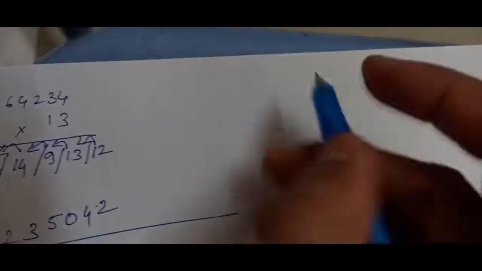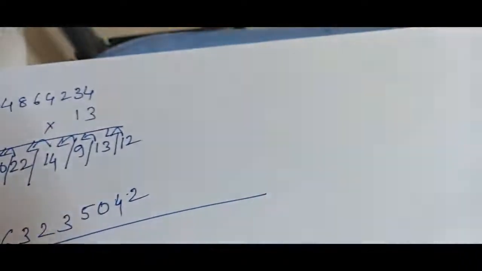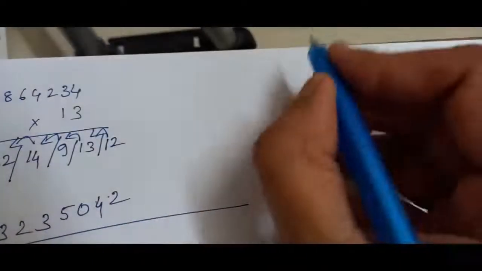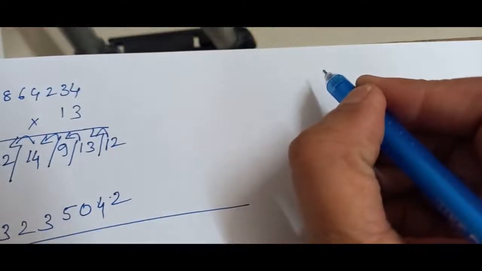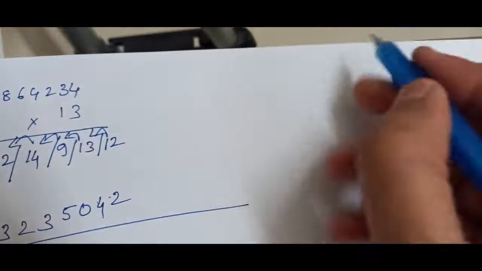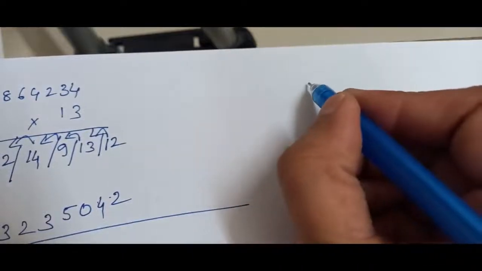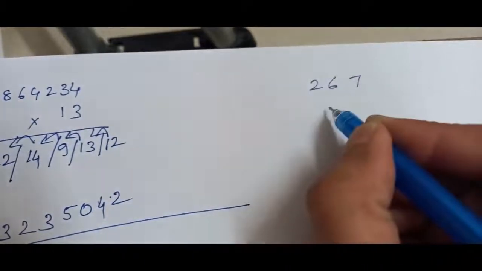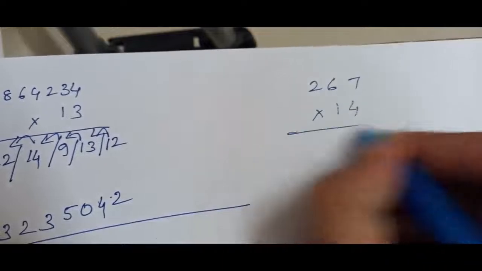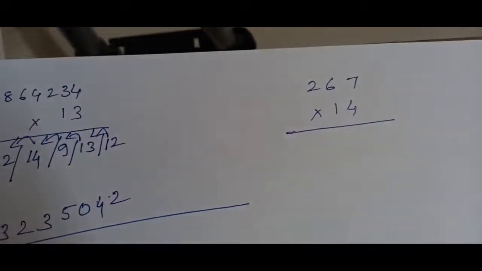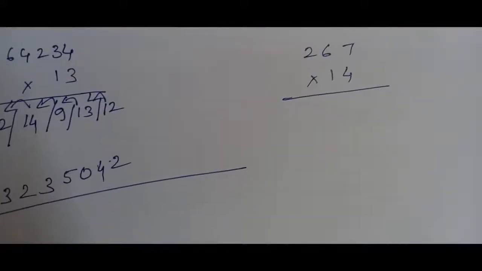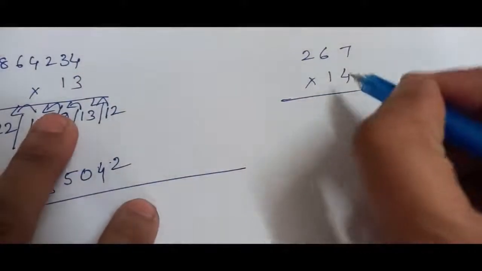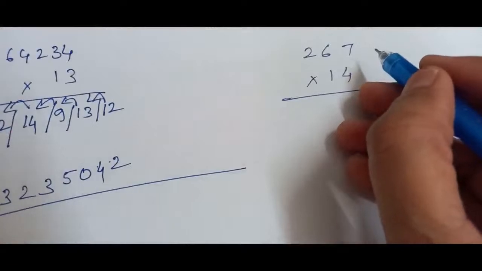Okay. Let's take, this time we will write directly without balancing. Observe carefully. First you take a simple number, 267 into 14. Then we will take larger numbers also. Okay. See here, 4 7s are 28.